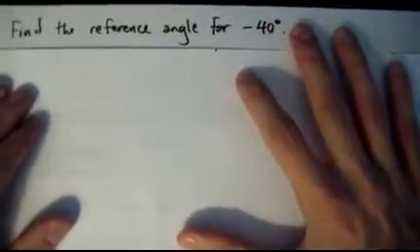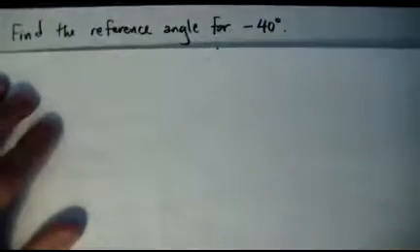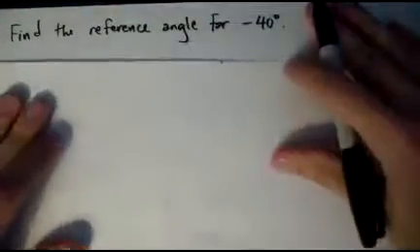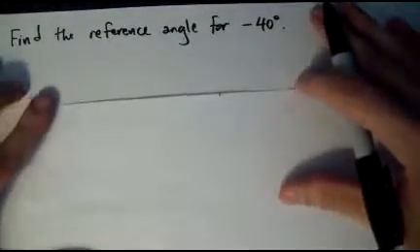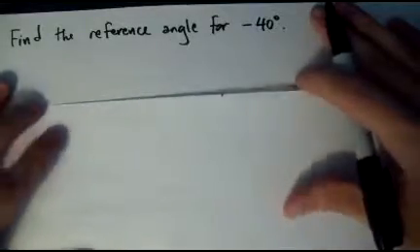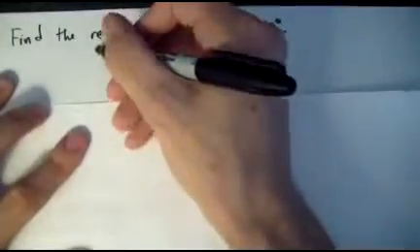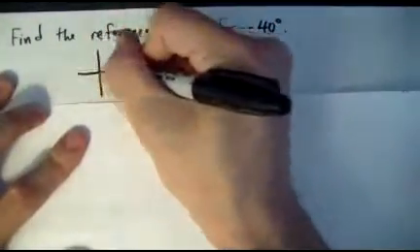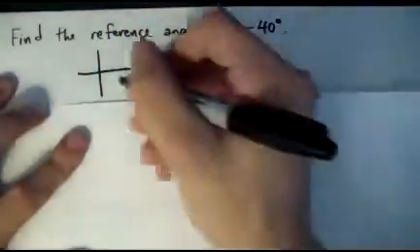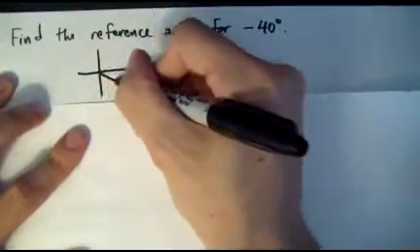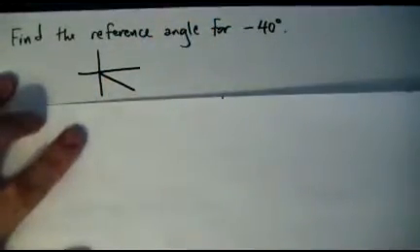Now let's think a little bit about some negative angles. A negative angle is not too much harder than finding the reference angle for a positive angle, but we just need to mention it. So the reference angle for negative 40 degrees. Well, let's think about what negative 40 looks like. That's somewhere down here. Negative 40 looks like this.